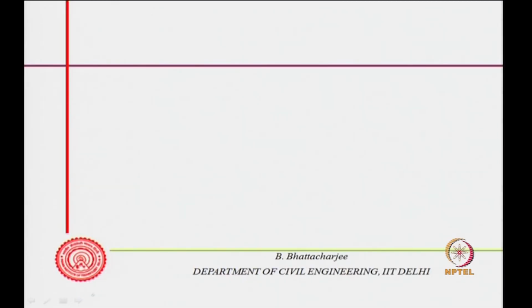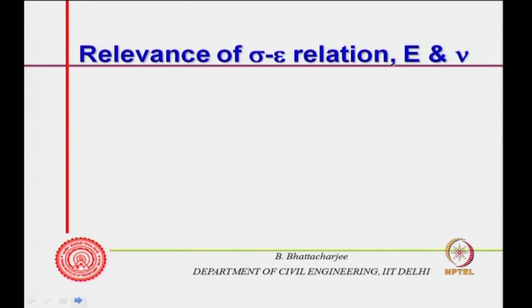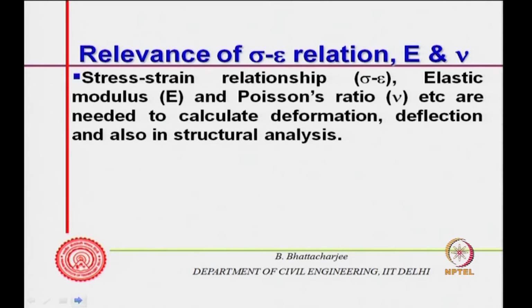So, let us look at the relevance of stress strain relationship, elastic modulus and Poisson's ratio. Stress strain relationship: sigma is how we denote stress and epsilon strain. Elastic modulus and Poisson's ratio are needed to calculate deformation, deflection, and also to determine forces sometimes in indeterminate structures.